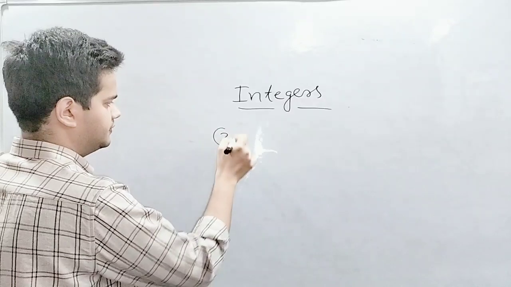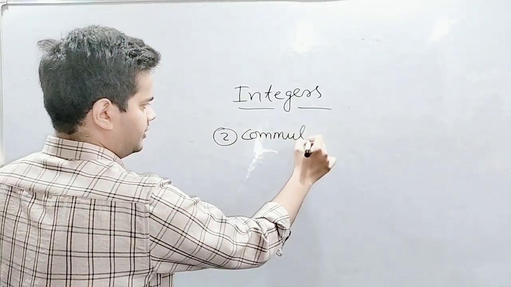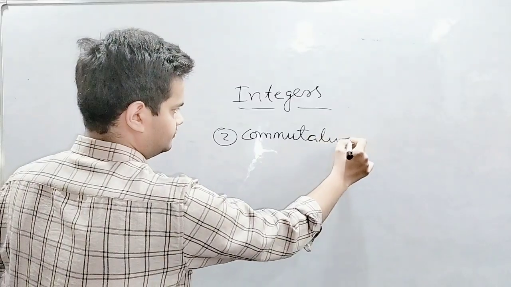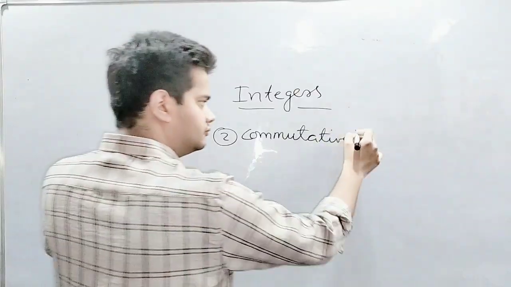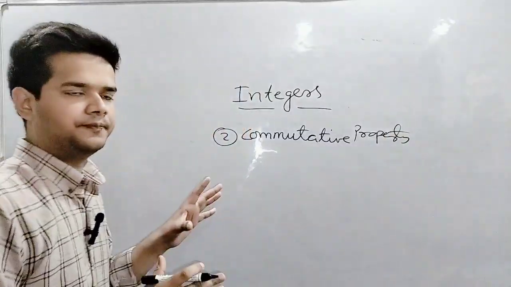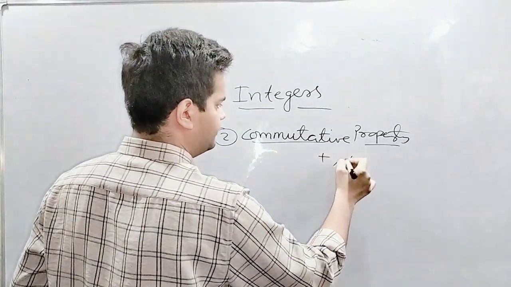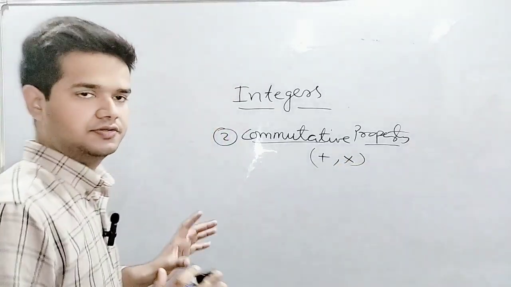Now second is commutative property. Okay, now this property is only seen in addition and multiplication of two integers.